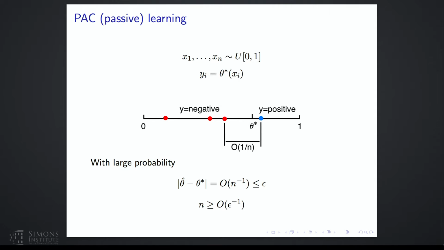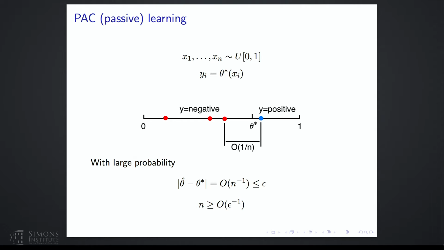That's the standard learning rate. And if you want this to be below a precision of epsilon, you can conversely say we must teach with more than 1 over epsilon examples. So that's standard passive learning.